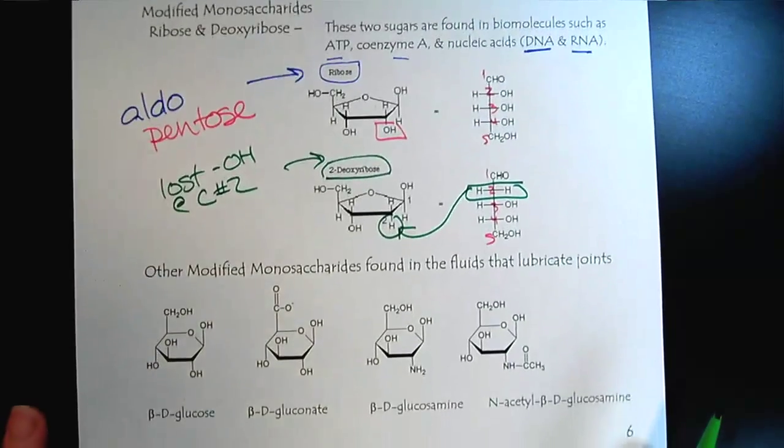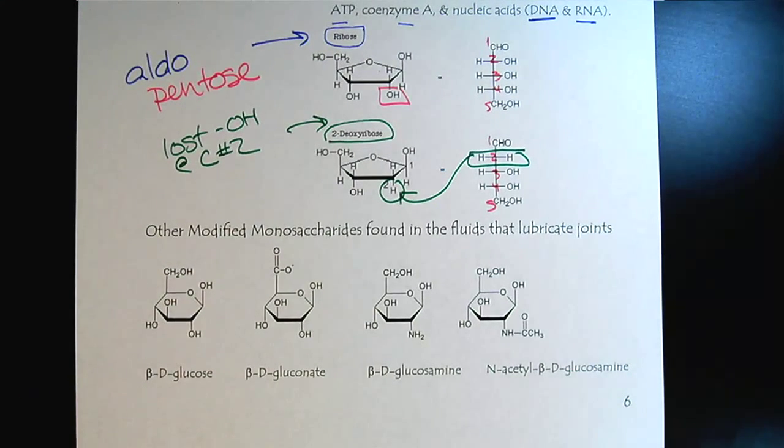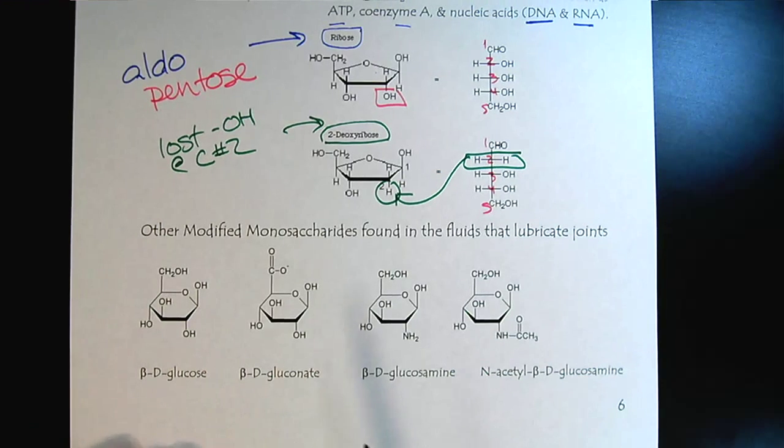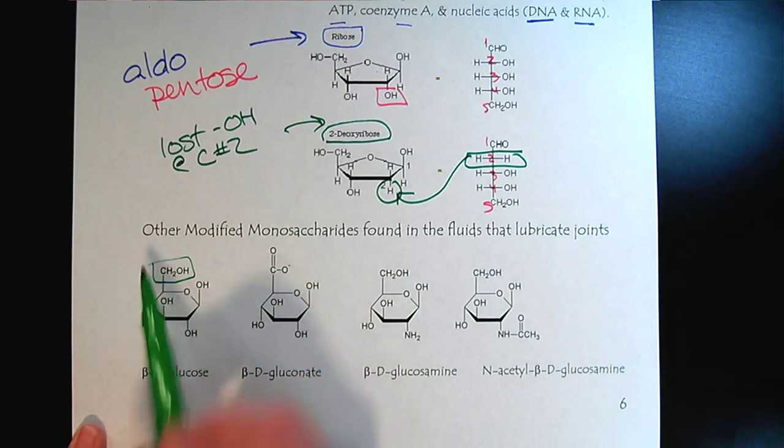Sugars are very fascinating. We just barely get to scratch the surface. So here is our buddy glucose, and we can compare it to, if you hear about gluconate, sorry, I got tongue-tied. Notice here is our flagpole.